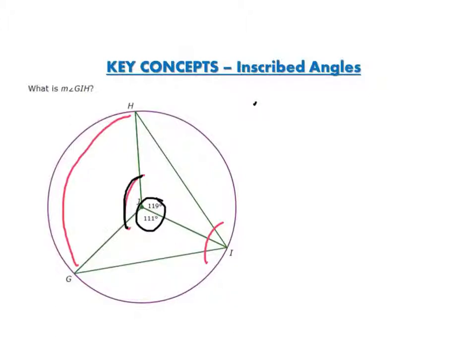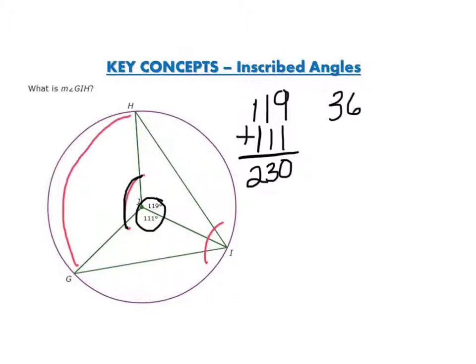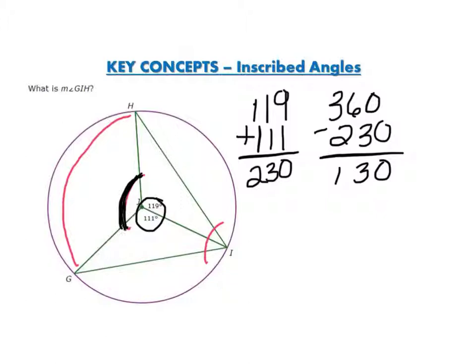Well, I add up 119 plus 111 and I get 230. Then I take 360 minus 230 and that gives me 130. Now 130 is the measure of the central angle, or the same measure as the intercepted arc.